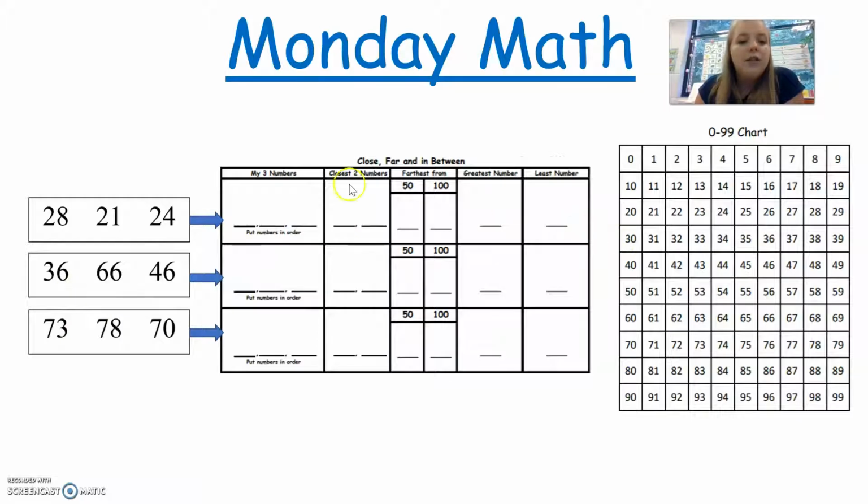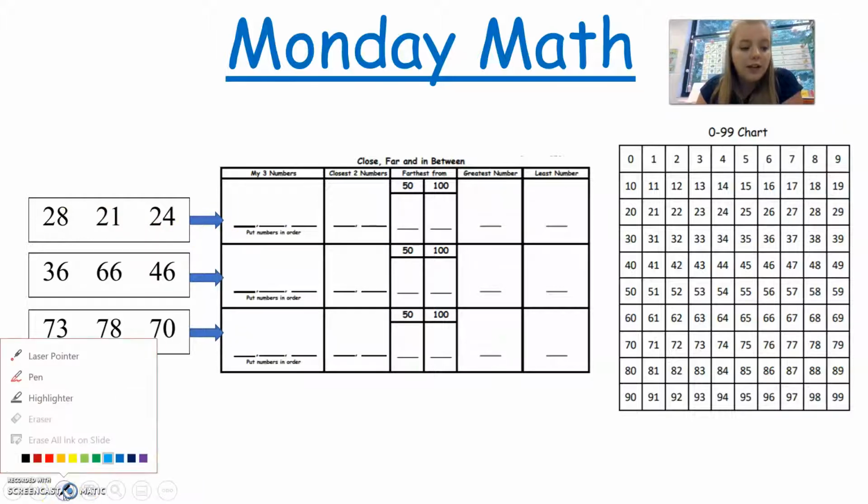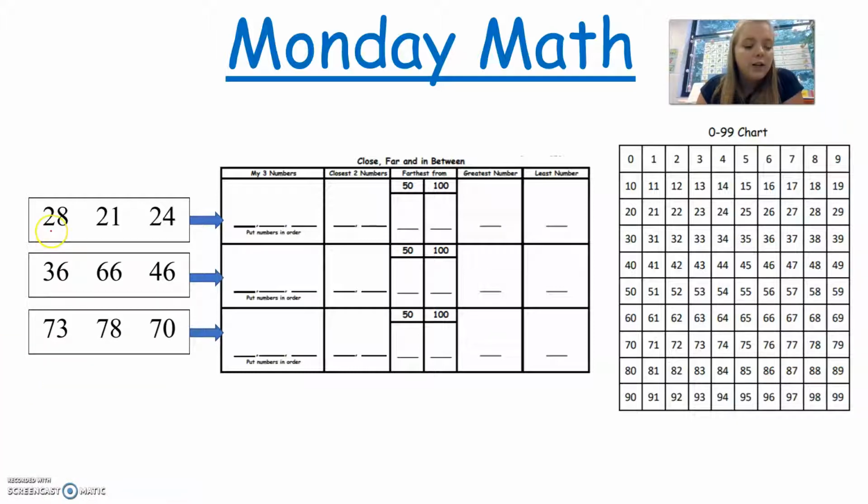Okay, so let's do the first one together. I have 28, 21, and 24. What you're going to do first is put them in order. Okay, order from least to greatest. So when I look at these numbers, I see they all have two groups of tens. This one has two groups of tens and 8 ones.